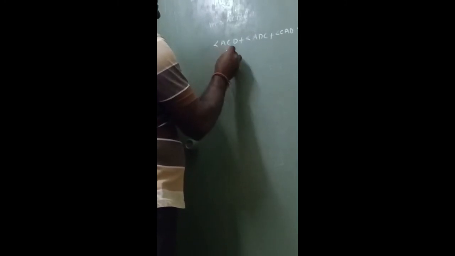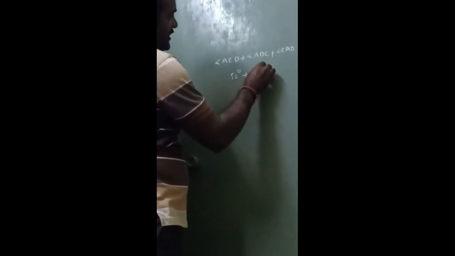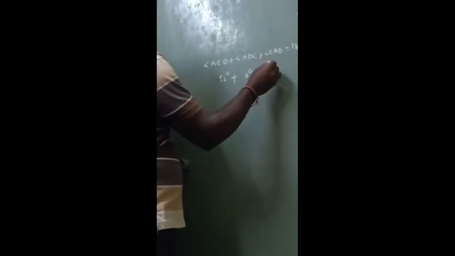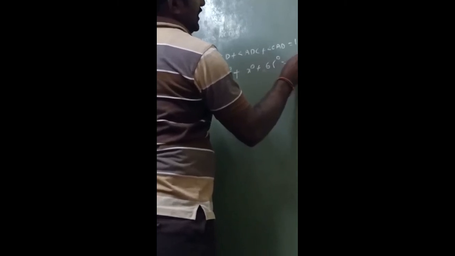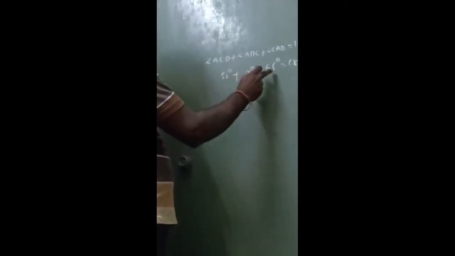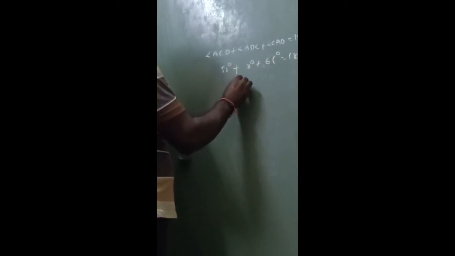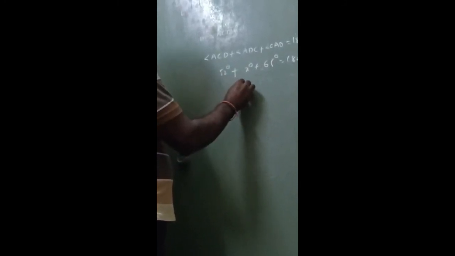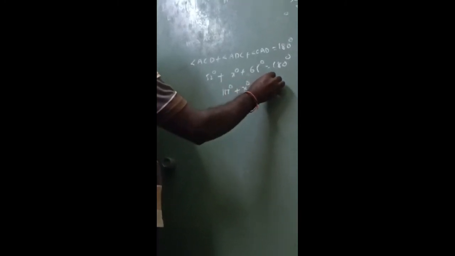So angle ACD is 52 degrees, angle DAC is 65 degrees, and the remaining angle is x degrees. 52 plus 65 is equal to 117 degrees. 117 degrees plus x degrees is equal to 180 degrees.